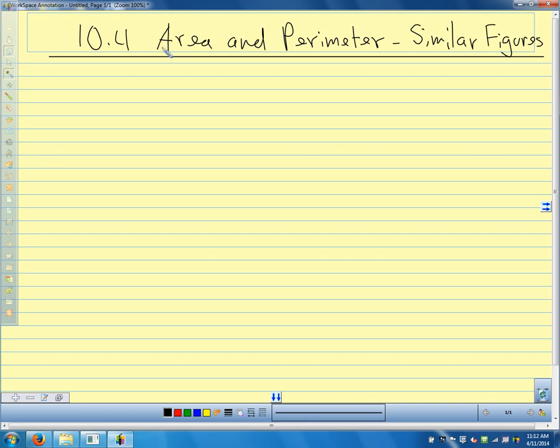So today we're going to talk about areas of similar figures. It's going to involve proportions as well. There's really one technique, one method we're going to use to solve these problems. It has to do with setting up a proportion.